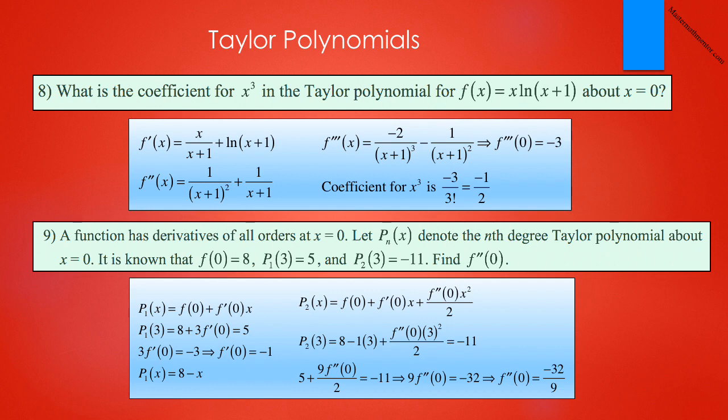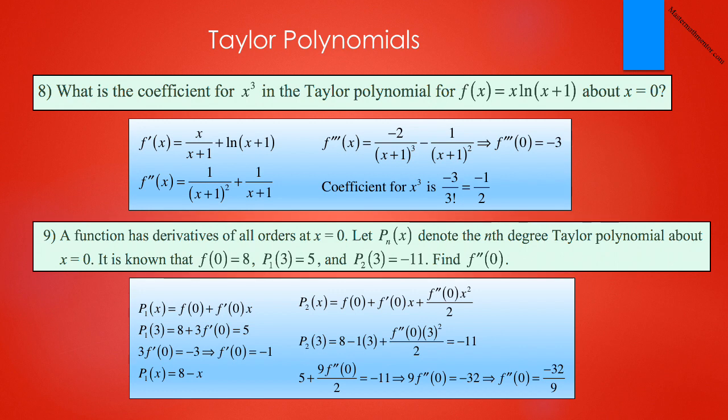P2 of x is equal to f of 0 plus f prime of 0 x plus f double prime of 0 x squared over 2. So P2 of 3 equals 8 minus 3 plus f double prime of 0 times 3 squared over 2, and that has to equal negative 11.